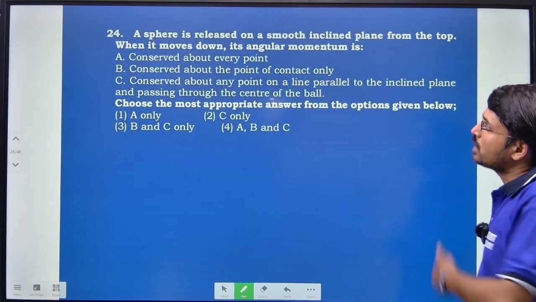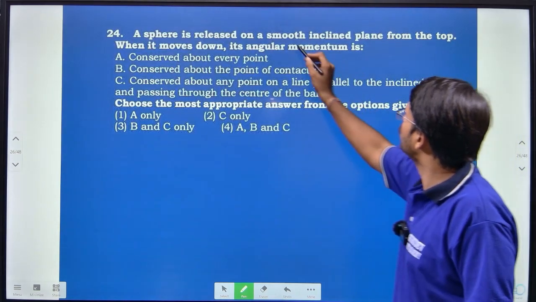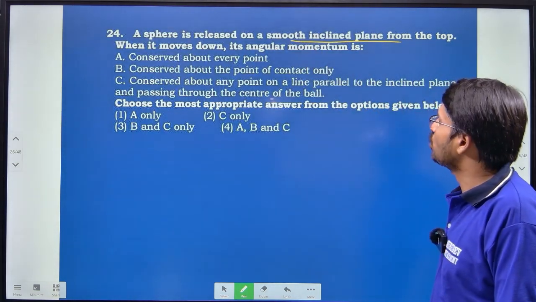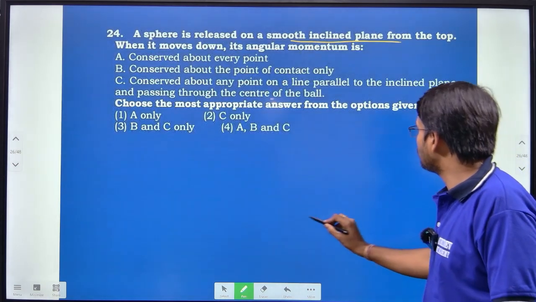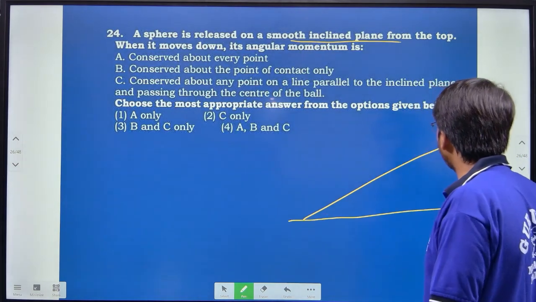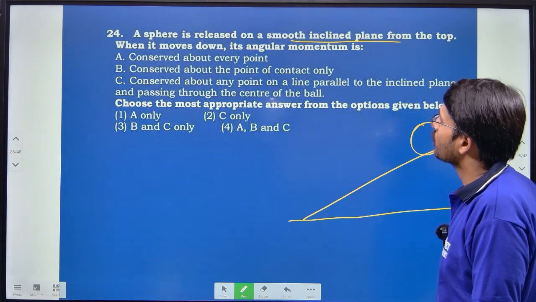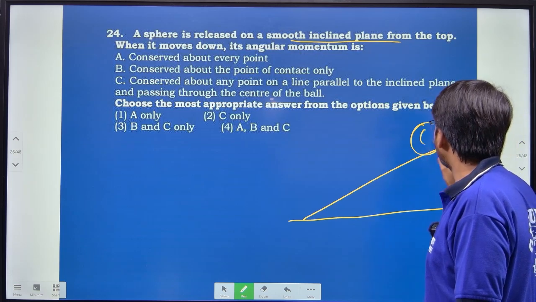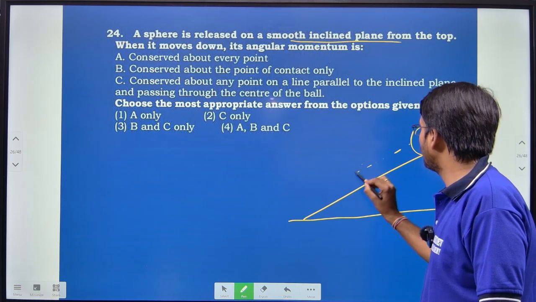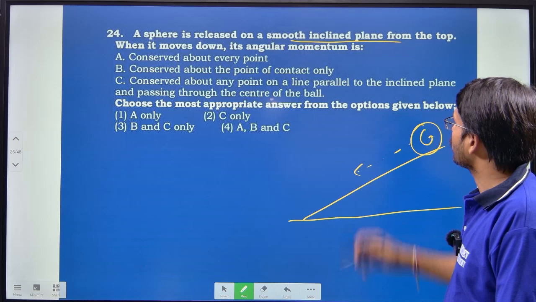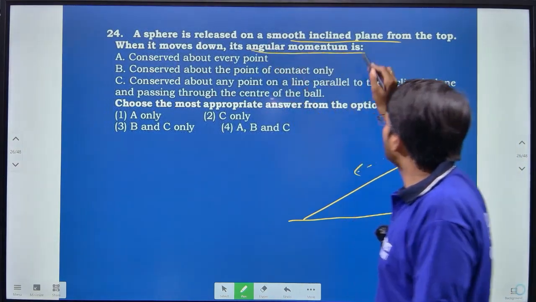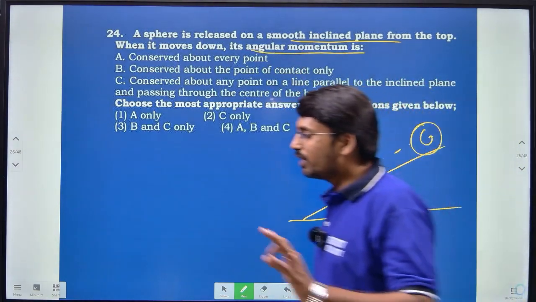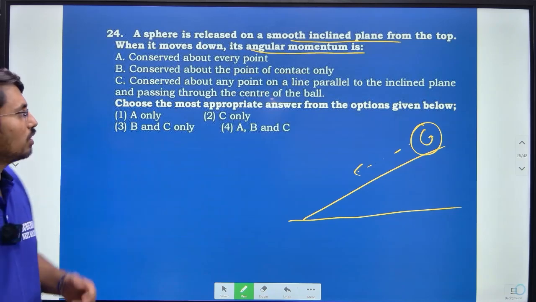Next, a sphere is released on a smooth inclined plane from the top. When it moves down, something like this. We have a smooth inclined plane and there is a sphere that is under a rotation and moves in a downward direction. If that is the case, now we have to look at what happens to the angular momentum.